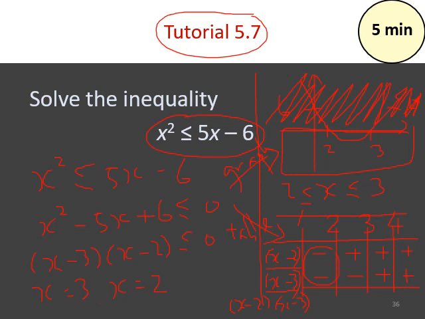Here positive, here negative, here positive, last one positive. Since our inequality is less than 0, we pick something that is negative. So still x is between 2 and 3, same as the graphic way.